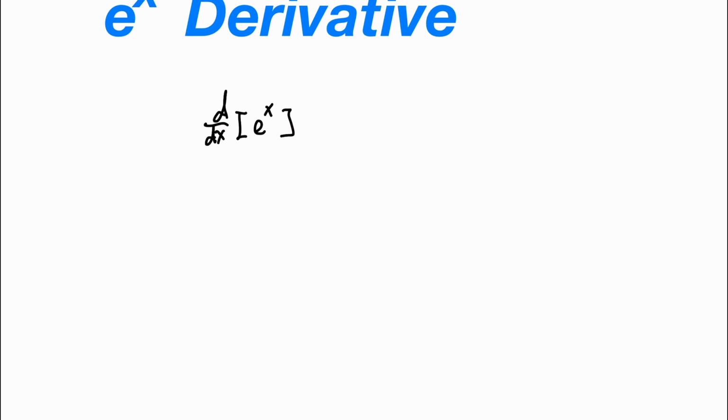So over here we have the derivative with respect to x of e to the x. And that is equal to the limit as h approaches 0. Of course, we're using the definition of derivative again, because we're differentiating a new type of function, and we really haven't done these types of exponential functions before.